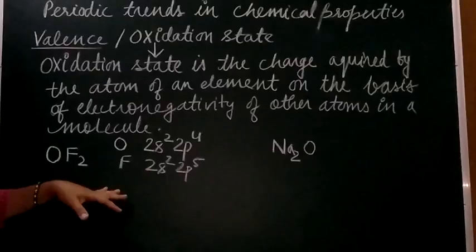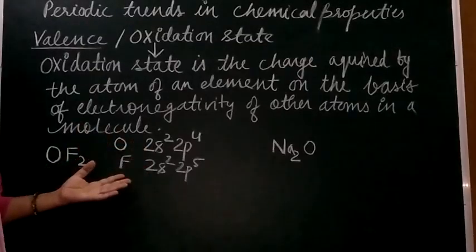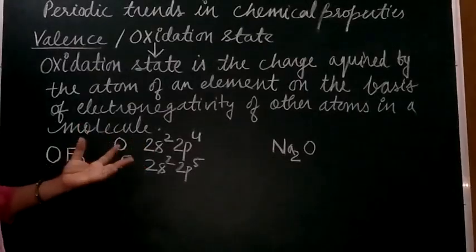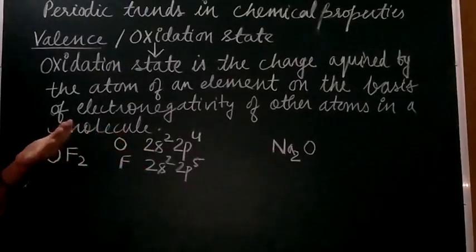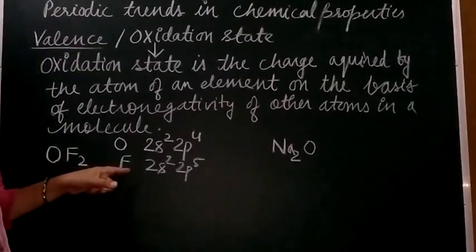And definitely the nuclear charge of fluorine is going to be very high. So if we compare the electronegativity of oxygen and fluorine, fluorine, having greater nuclear charge with respect to oxygen, will have higher electronegativity.